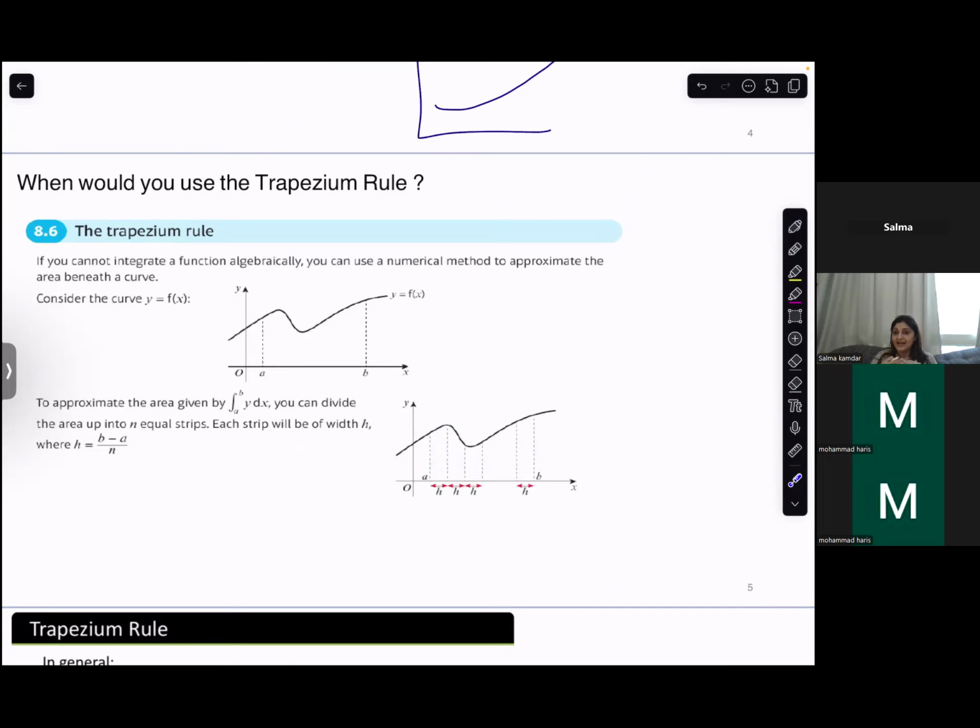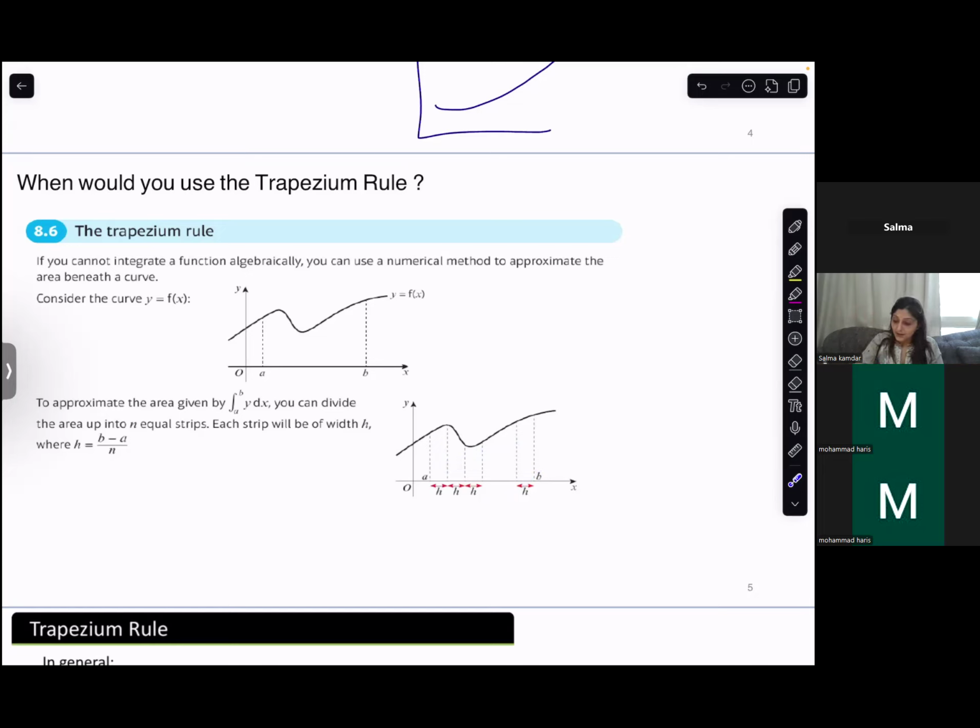So when it is not possible for me to integrate the function very easily, I use the trapezium rule, where I divide the portion under the graph into small strips. Understand, the more strips, the more accurate the result will be.